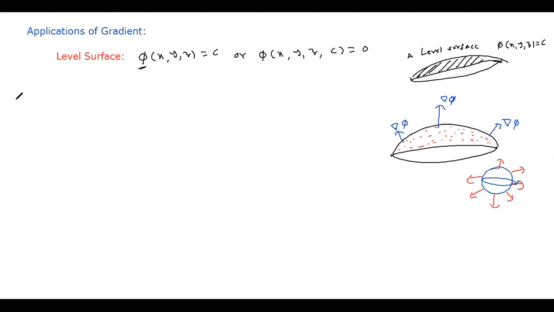So what is the first application, geometrically? Geometrically, the gradient represents a normal vector to the surface.